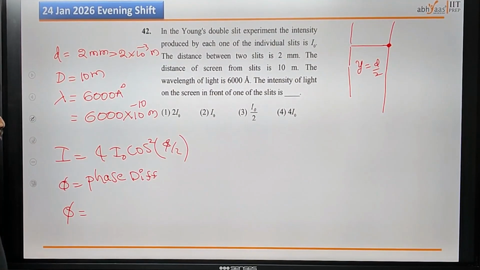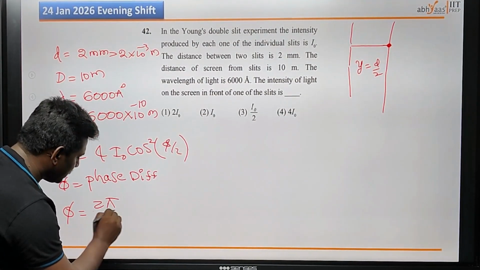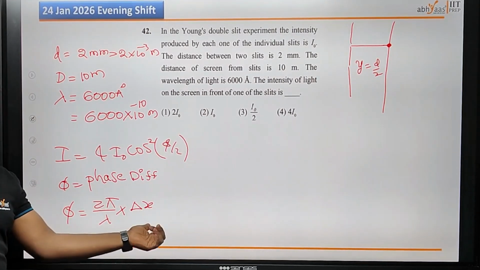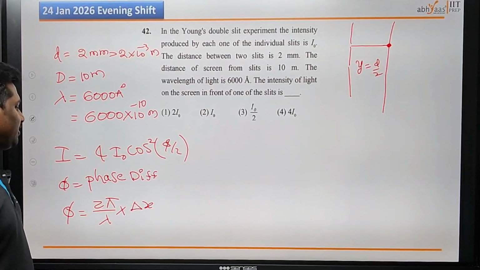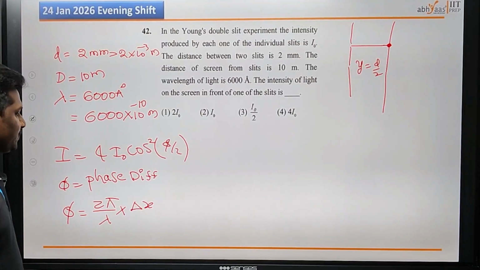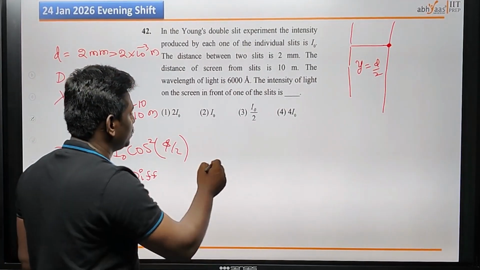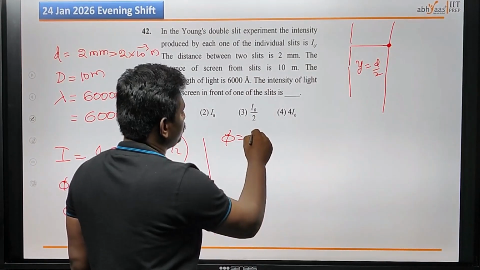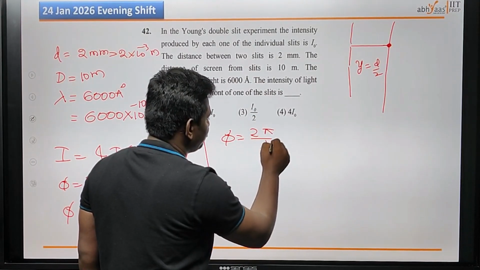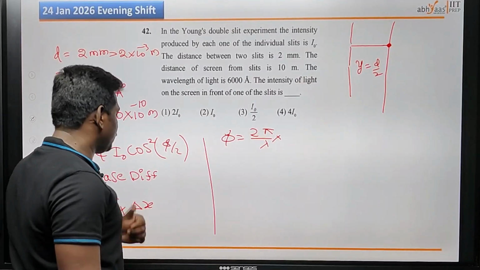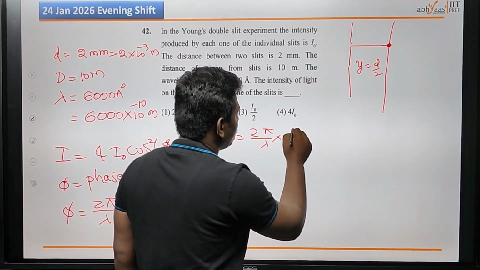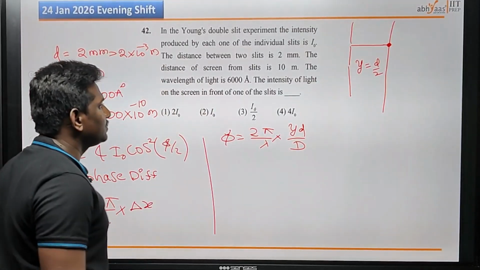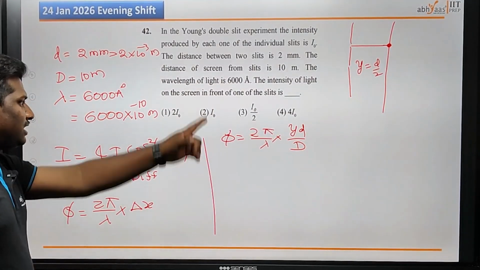Phase difference phi equal to 2 pi by lambda into delta x. What is delta x? Delta x is nothing but path difference. Okay. How to find path difference? So see, phi can be written as 2 pi by lambda into path difference, y d by capital D. But what is y? d by 2.